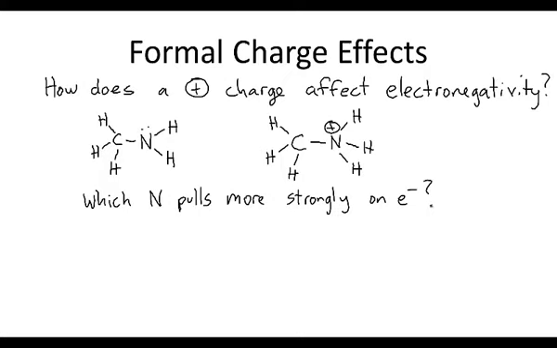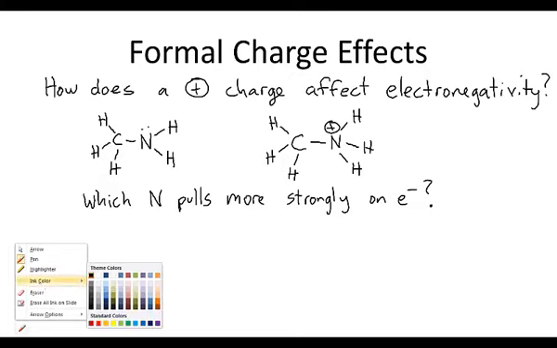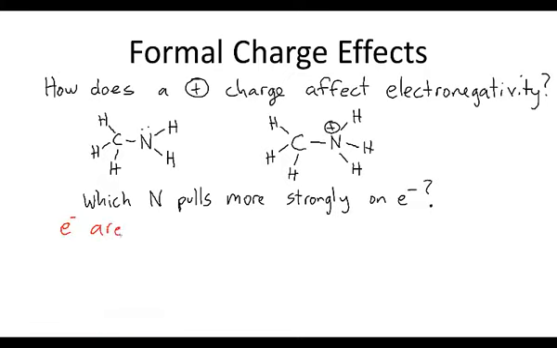How do other electrons feel about it? Electrons have what kind of charge? Negative. So electrons are going to be more attracted than they were before. So a positive formal charge is going to make an atom more attractive to electrons, which means it makes it effectively more electronegative than it normally would be. Okay? So, key point here, electrons are attracted to positive charges.